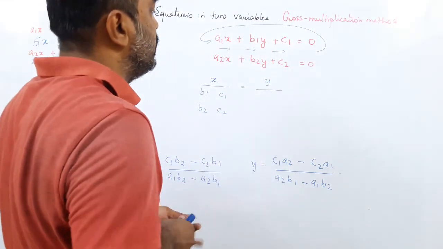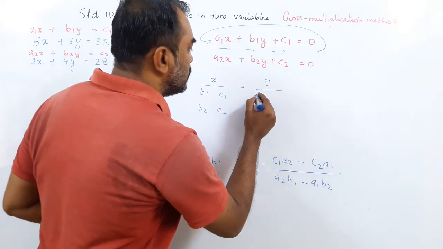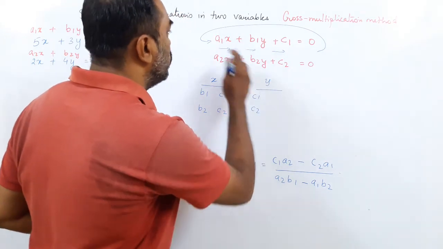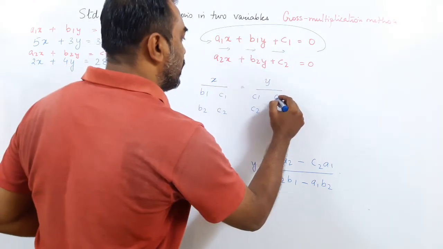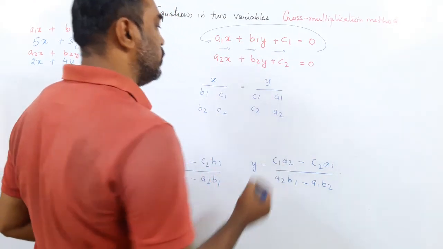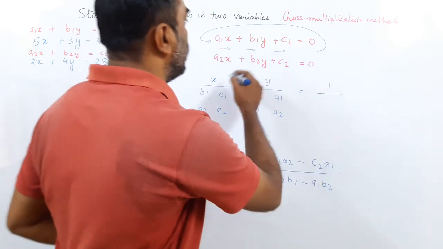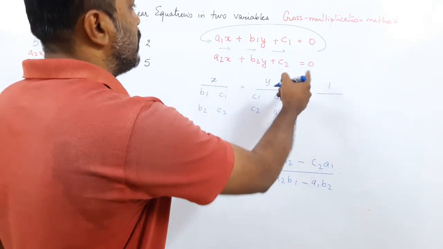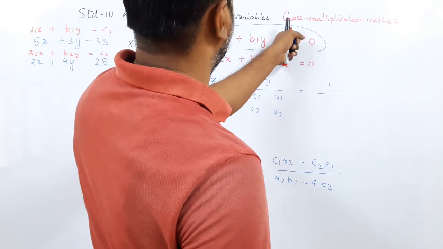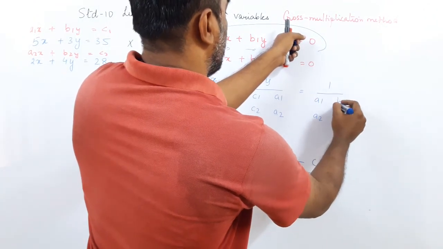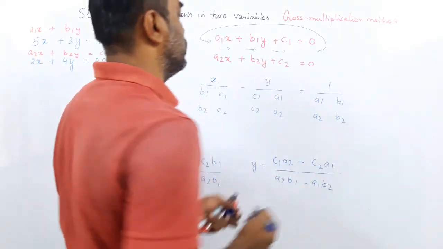So you will write here c1, c2, and then a1 and a2, equal to 1 upon the constant term. There is no x value, so you will write 1. This time we hide c1, c2, so what I get is a1, a2, b1, b2.